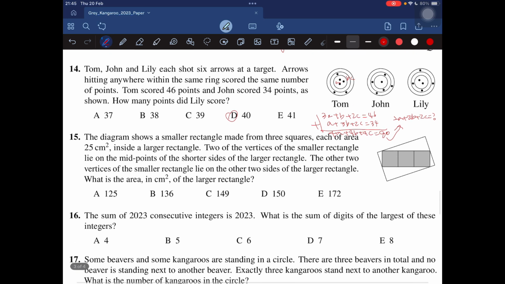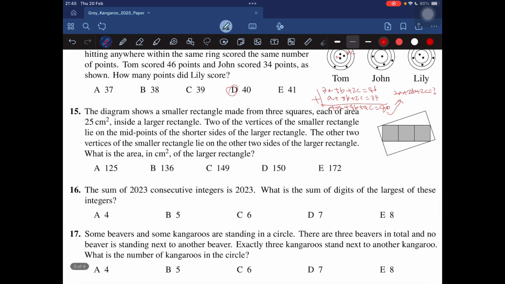And number 15. The diagram shows a smaller rectangle made of 3 squares, each of area 25, so 5 and 5. It's in a larger rectangle. 2 of the vertices of the smaller rectangle lie on the midpoint of the shorter side of the larger rectangle. The other 2 vertices lie on the other sides.